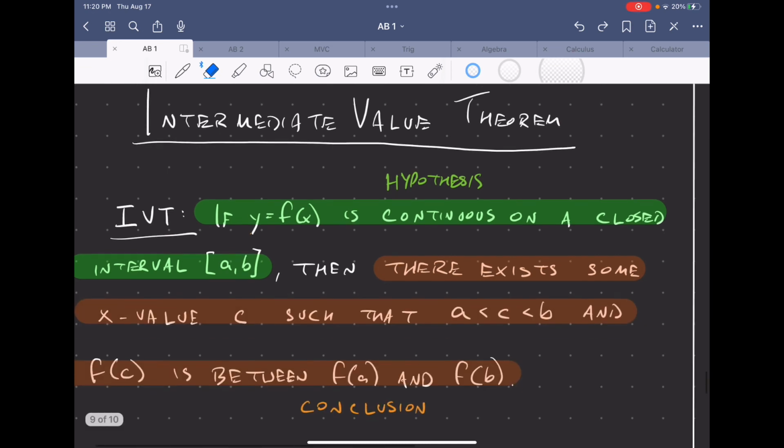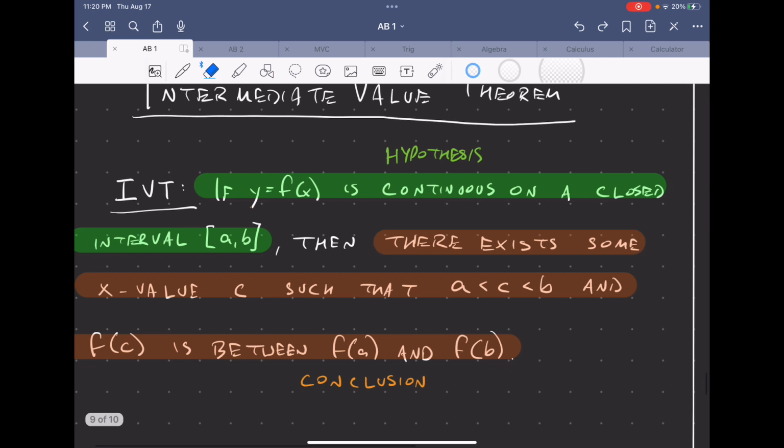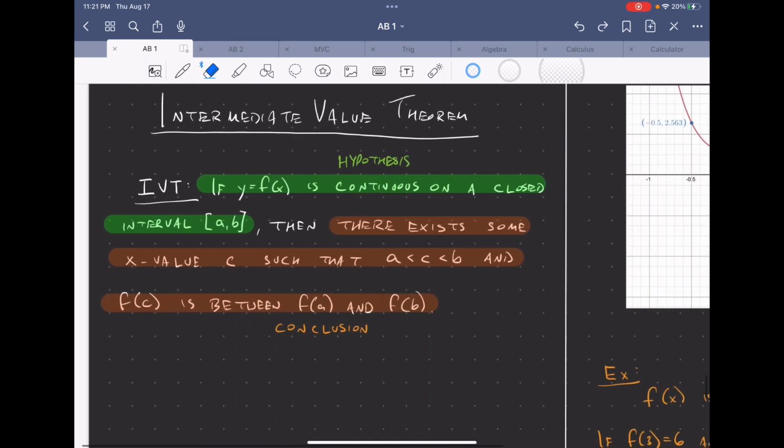And our conclusion for this has a couple parts. Basically, it says that there exists an x value c between a and b. And also, f of c has to be between f of a and f of b. So c is between a and b, and f of c is between f of a and f of b.